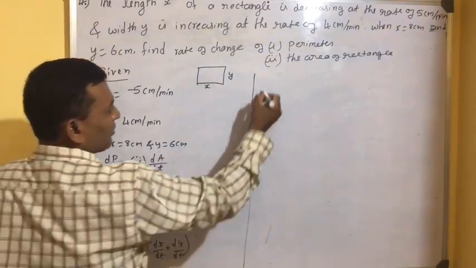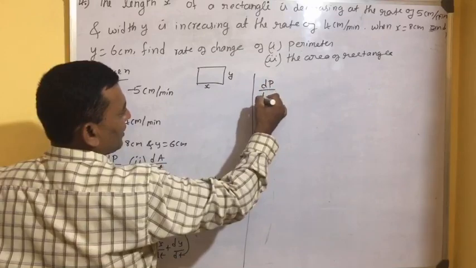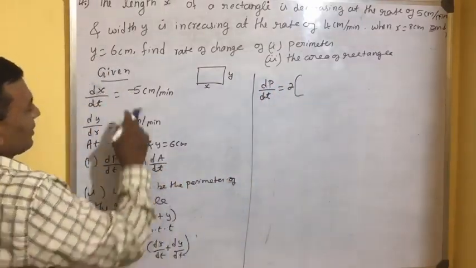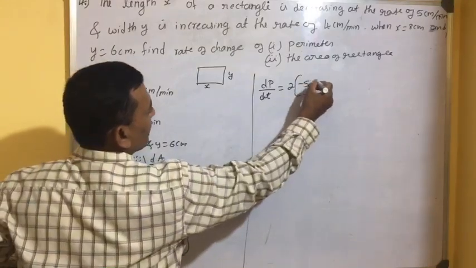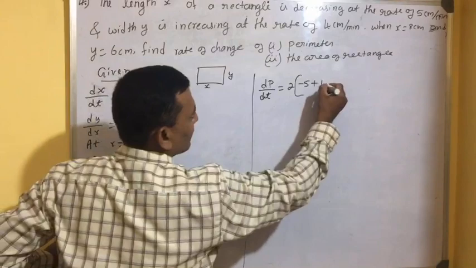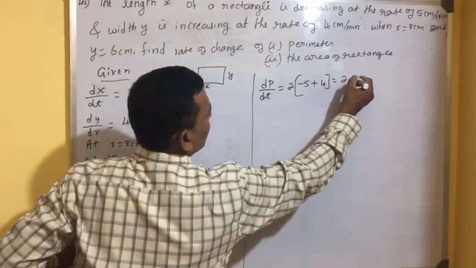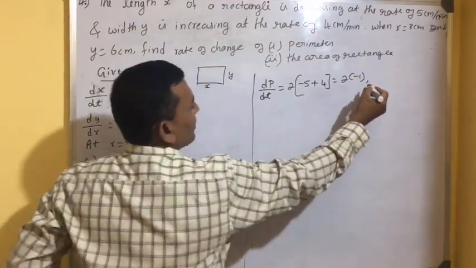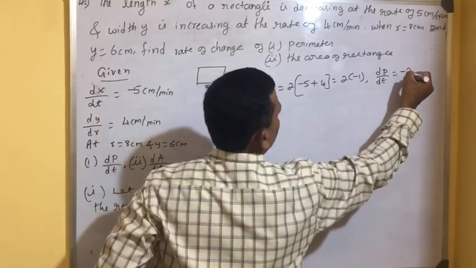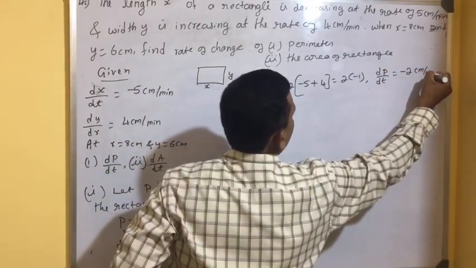So dp by dt is equal to 2 times dx by dt, that is minus 5, plus dy by dt, it is plus 4. So we'll get 2 into minus 1. Therefore dp by dt is equal to minus 2 centimeters per minute.